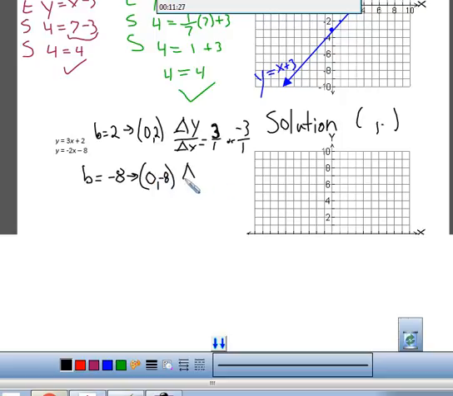Change in y over change in x is negative 2 over 1, or 2 over negative 1. So that's how you're going to plot your other points. See if you can find the point of intersection and do the check.